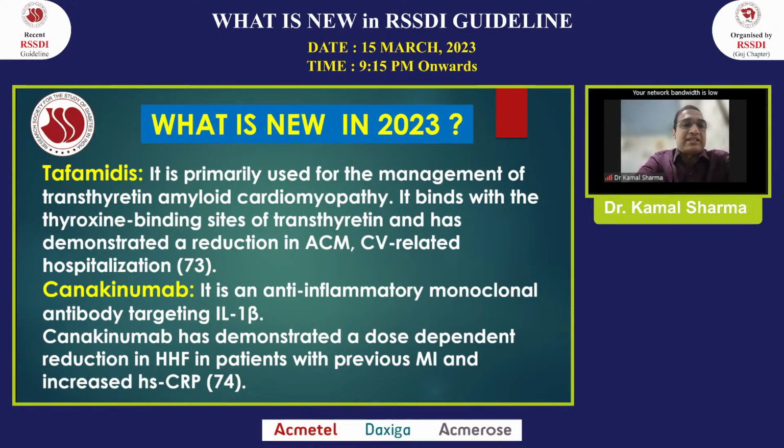Inflammation, the missing link, as has been proposed and talked about, is being modulated and managed by canakinumab, an anti-inflammatory monoclonal antibody targeting interleukin-1 beta, and it has shown a dose-dependent reduction in heart failure hospitalization in patients with previous MI, especially if they have elevated hsCRP on initiation. Next slide.